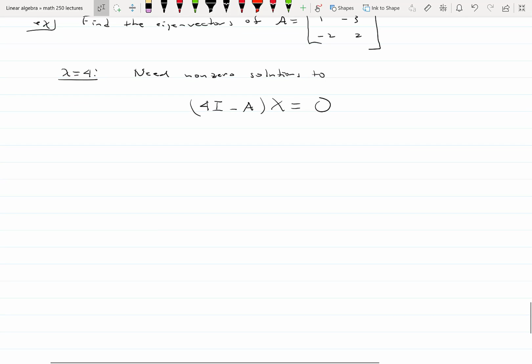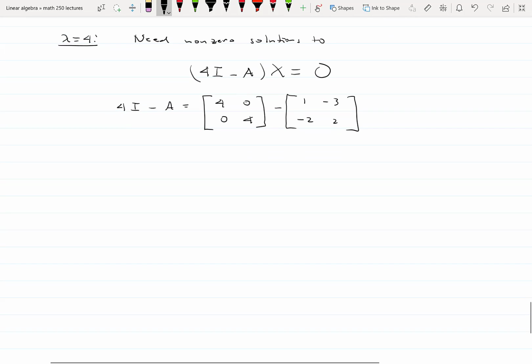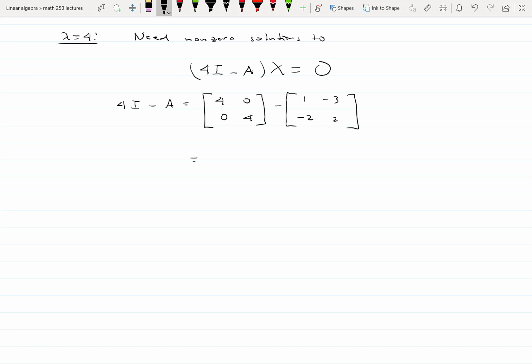Okay, so let's find 4I minus A. 4 times I is the diagonal matrix whose entries are 4 and 4, minus A, which is 1, -3, -2, and 2. I'm just looking at the coefficient matrix of the system now. This is nothing more than 3, 3, 2, and 2.